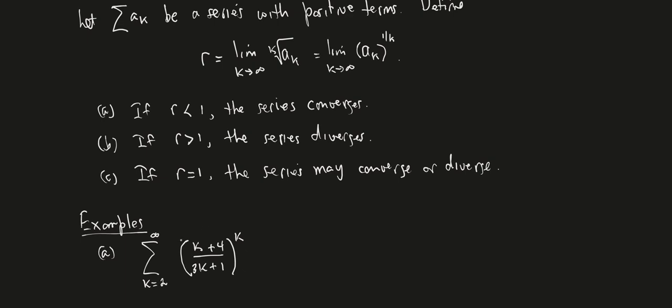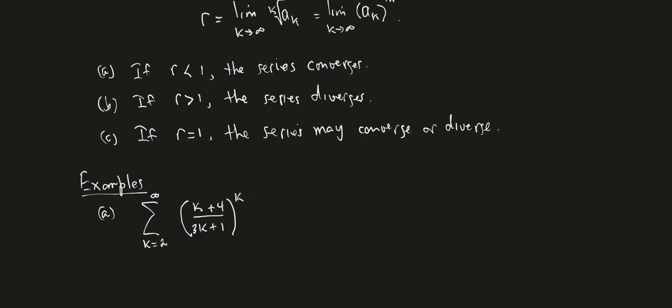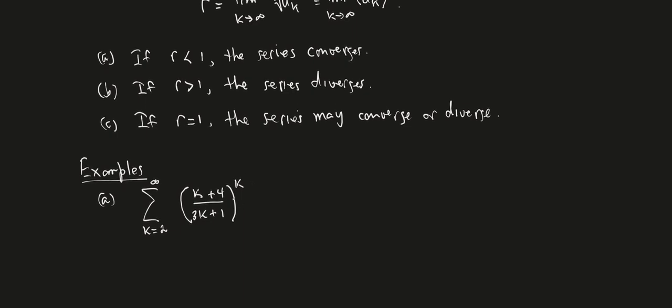For instance, this is not geometric, so that won't apply. But trying to set this up as a ratio, or trying to integrate the function that is comparable to this, that won't look pretty. But this exponent that has a k tells me that if I take the kth root, things are going to simplify quite a bit.